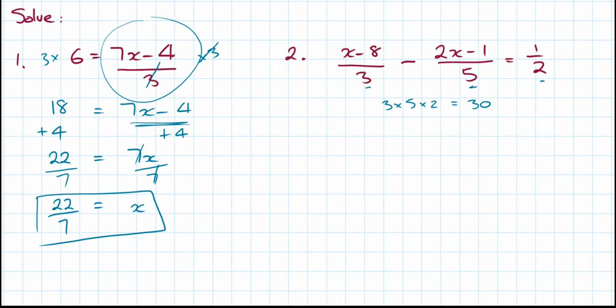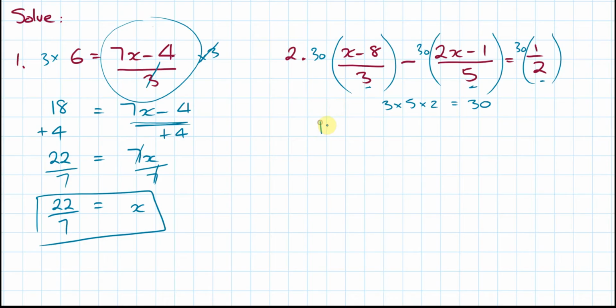So we could multiply right through by 30. So 30 multiplying that part, and 30 multiplying that part. So I'm not changing the equation, but I'm trying to deal with the fractional part. So what we've got here is 30 divided by 3.